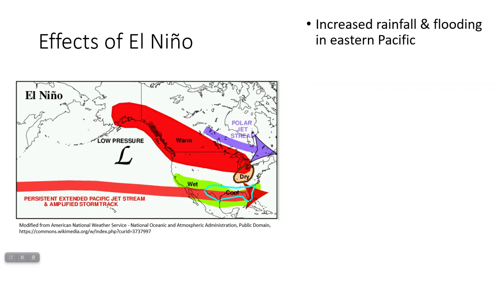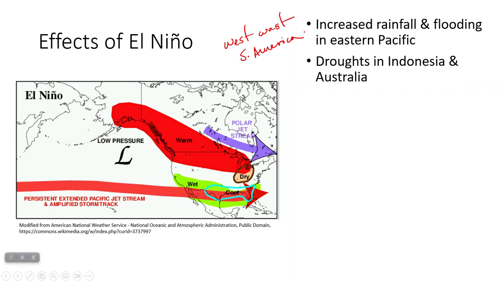So when an El Nino happens, you're going to have increased rainfall and flooding in the Eastern Pacific. And by the Eastern Pacific, I mean basically off the west coast of South America. Then there are droughts in Indonesia and Australia.